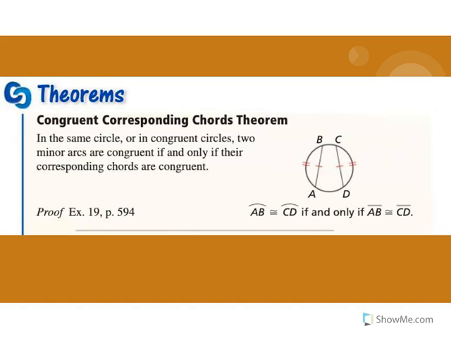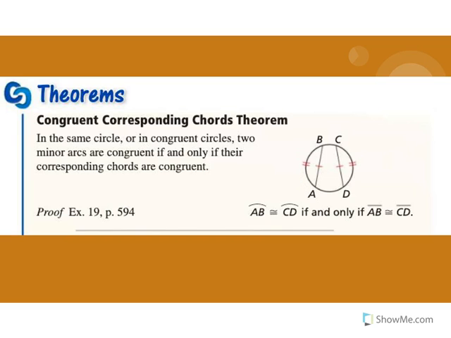So this is the first of several theorems today. It's the congruent corresponding chords theorem. In the same circle, or in two congruent circles, two minor arcs are congruent if and only if their corresponding chords are congruent.